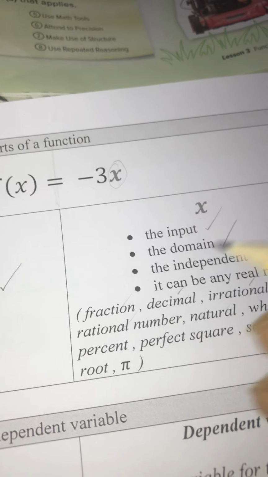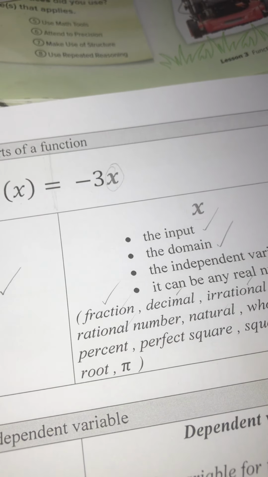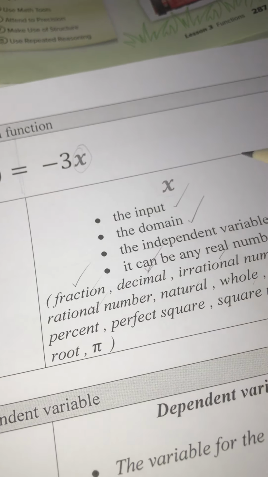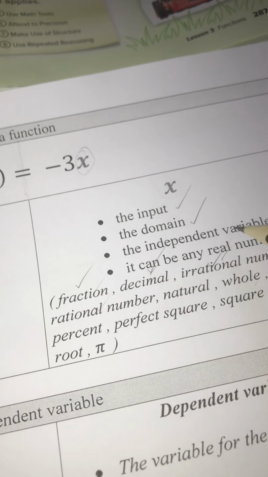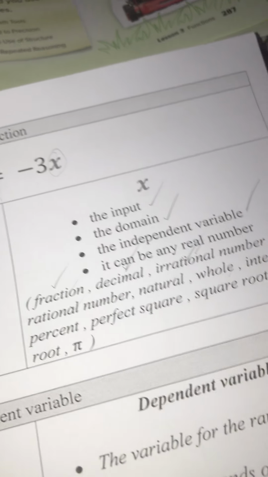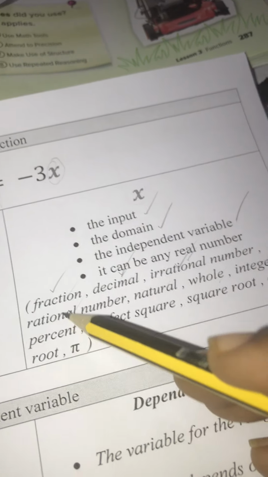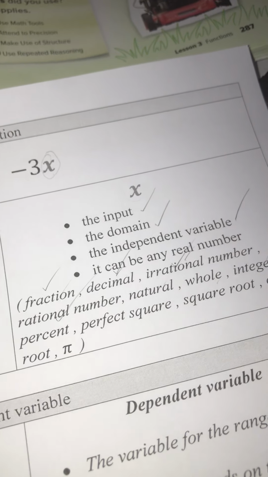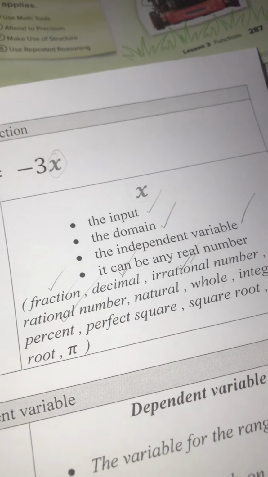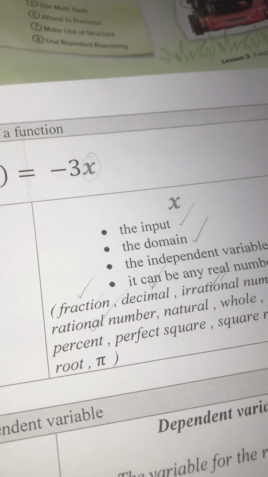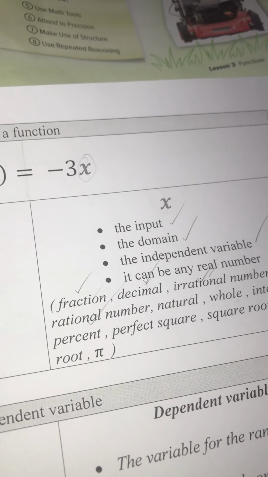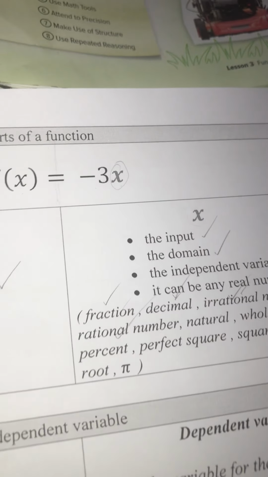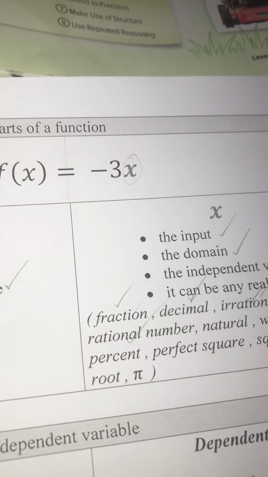You need to know when it is okay to use a fraction, when it is okay to use a decimal, when it is okay to use an irrational number, when it is okay to use a rational number. From the question, you should be able to determine whether it makes sense to use a whole number, a negative number, a natural number only. You should be able to know this.